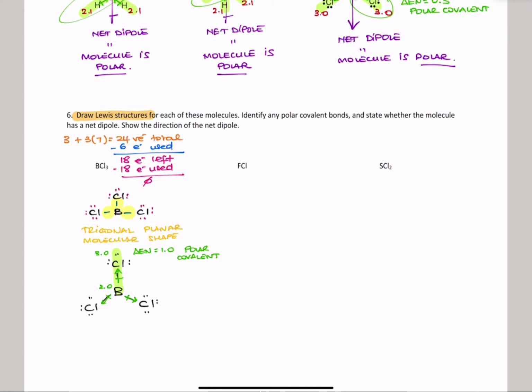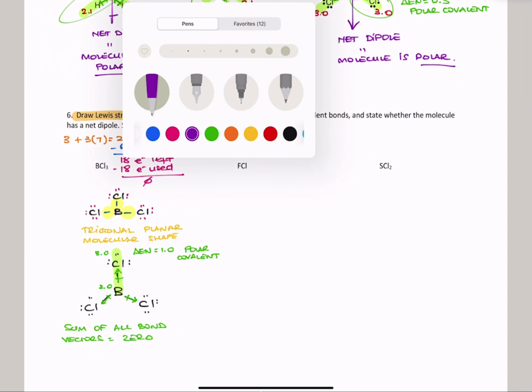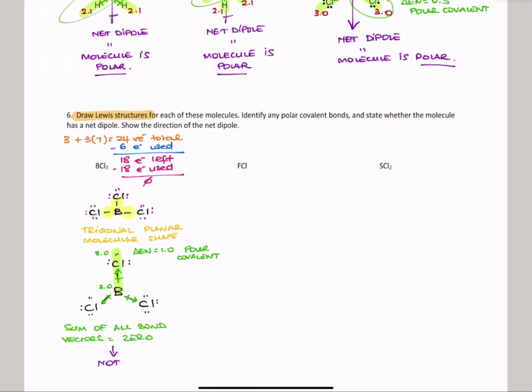What happens here is that when I do the sum of the vectors, the three vectors are equal and they are at a 120 angle to each other. So the sum of all the bond vectors is 0. Therefore, there's no net dipole.